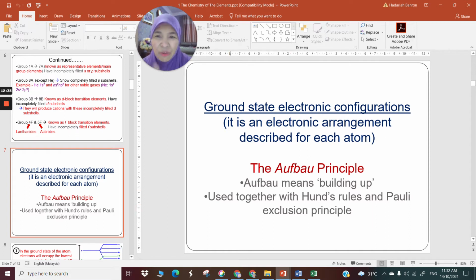The Aufbau principle or the building up principle is used together with Hund's rule. Hund's rule is a rule that the electrons will be singly first, and then when it is full, it starts to pair up, and Pauli's exclusion principle. So we'll go through all that later. There are many, many new principles that you will be going through to understand the periodic table.